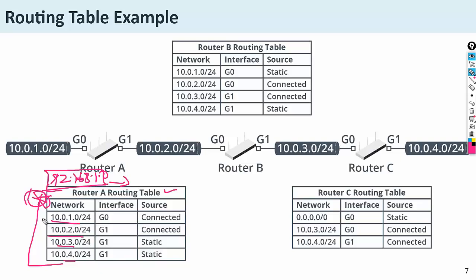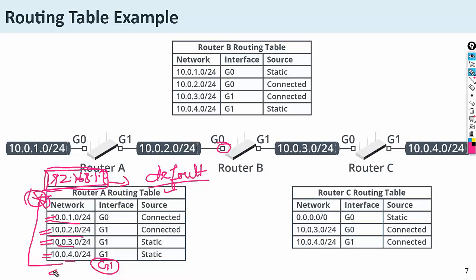So for protection from this discarding mechanism, a default route is configured. Default route means if any route information does not exist inside the routing table, the packet will be forwarded on the particular interface G1 or the next hop IP address.